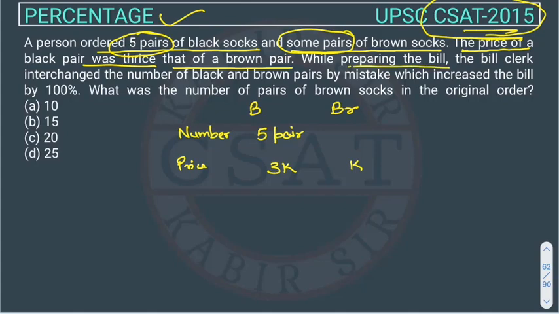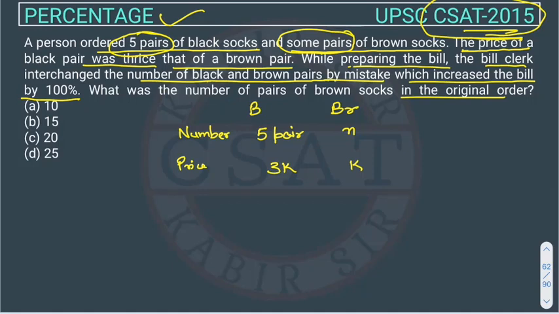While preparing the bill, the clerk interchanged the number of black and brown pairs by mistake, right? So suppose the number of brown socks he ordered was n, which increased the bill by 100%. What was the number of pairs of brown socks in the original order?